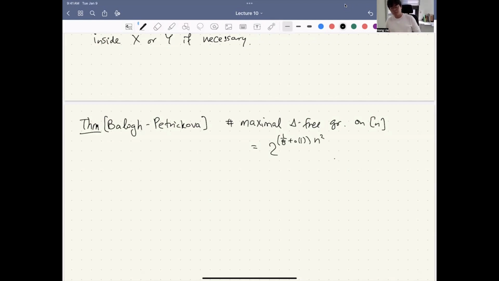So the lower bound is closer to the truth.